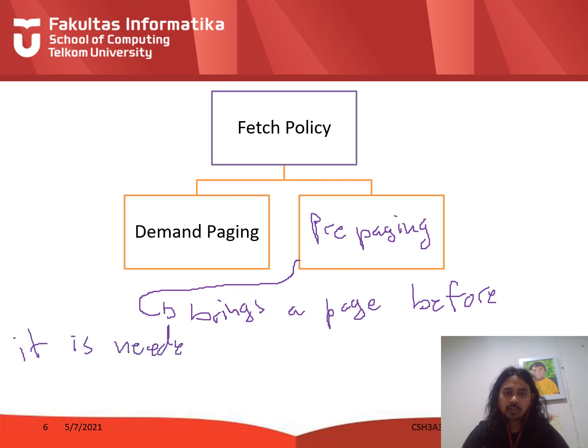By assuming that every page is placed nearby, when you bring many of the pages into the main memory before they are needed, the effect is it will decrease page faults.